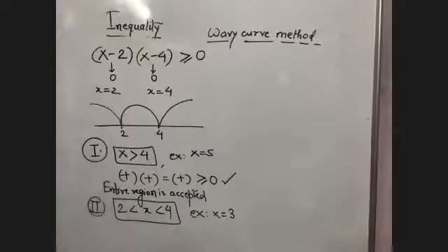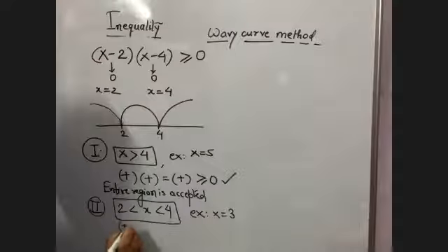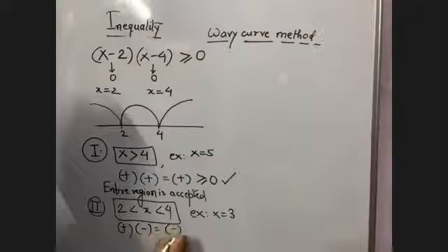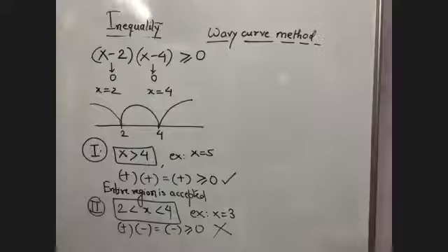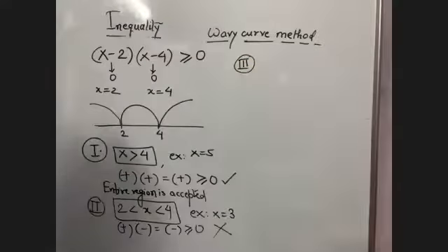If I put x equal to 3 here, 3 minus 2 is positive and 3 minus 4 is negative. Positive into negative will give a negative number. Is it right or wrong? It is wrong. So this region is rejected.